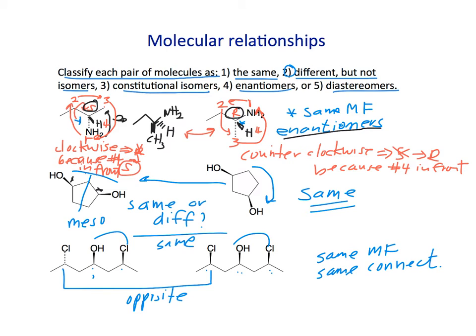Okay, so we have a situation where we have multiple stereogenic centers. Some match and some do not match, and that is the recipe for diastereomers.